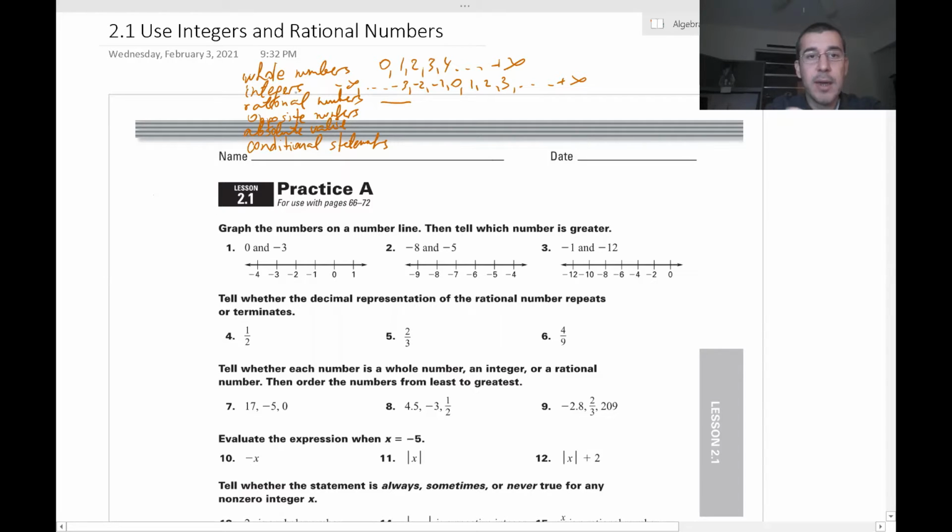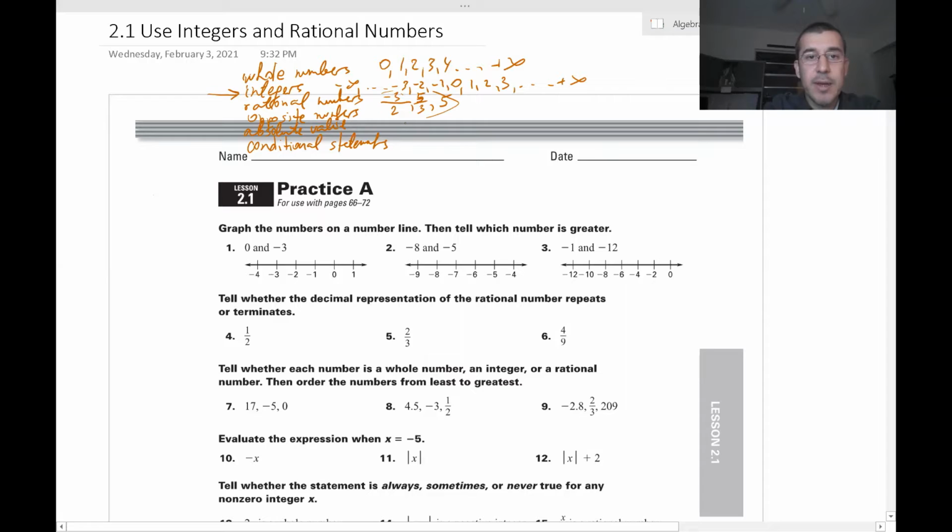So if you pick any two numbers from the list of integers, let's say -3 and 2, or 5 over 3, or 5, because 5 can be represented as 5 over 1, all those are rational numbers. So rational numbers can be integers, whole numbers, or fractions. You just have to remember that it's a quotient of two integers.